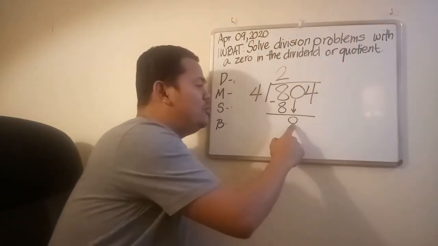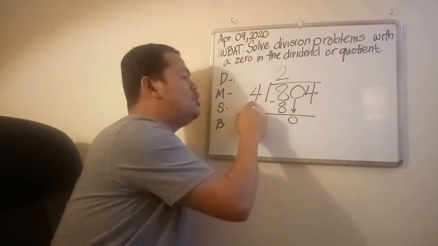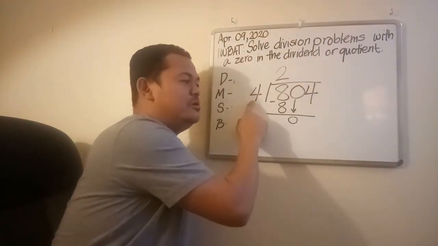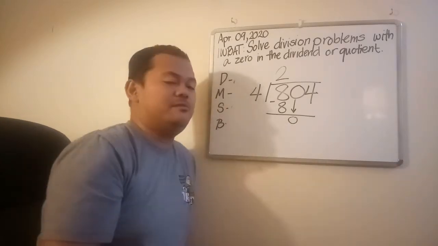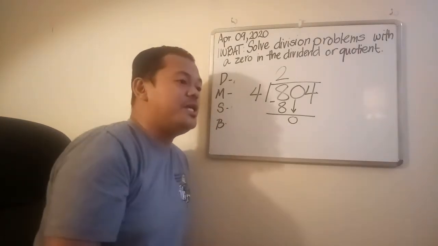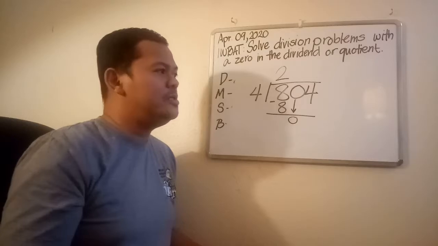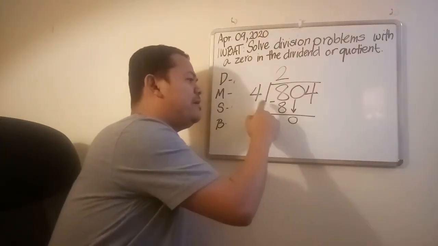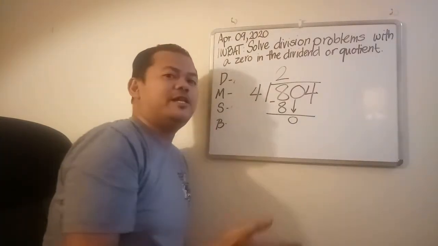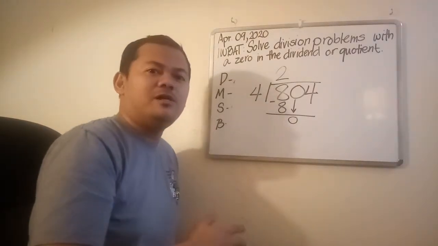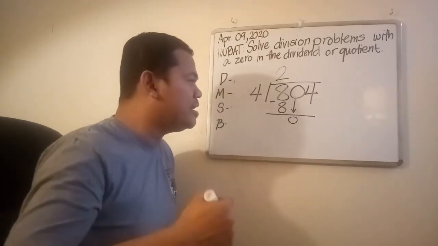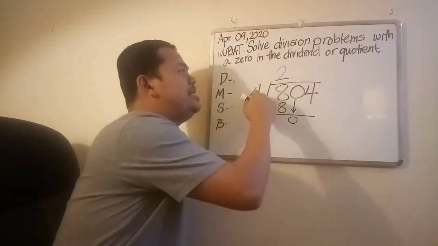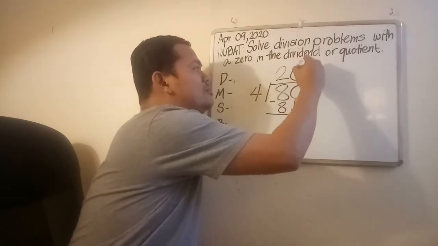Now, 0 divided by 4. You can see that it's nothing divided by 4, right? Because when you say 0, it means nothing. Can we divide nothing by 4? No, right? So because there's nothing, 0 divided by 4, the answer is 0.